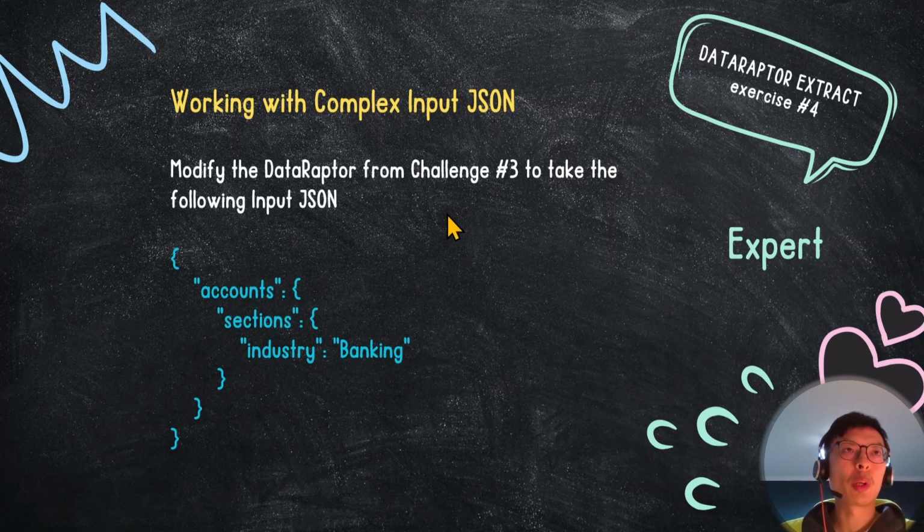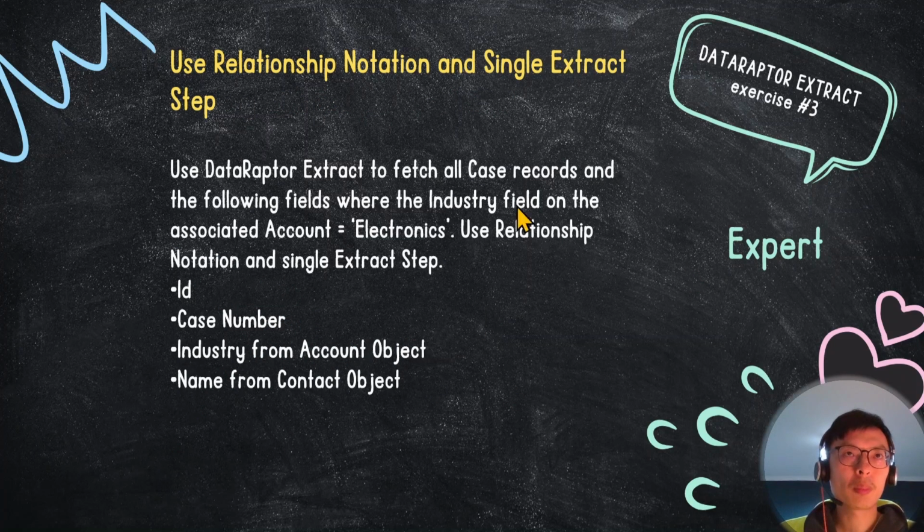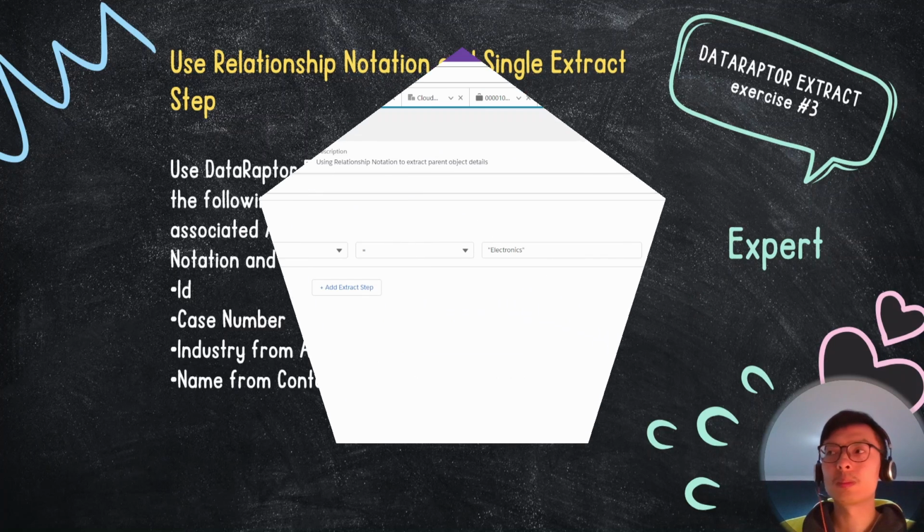In this example, we will be working with complex JSON, just like what we did for DataRaptor Turbo Extract. So what we want to do is modify the DataRaptor we created from challenge number 3 to take the following input JSON. Challenge number 3 is what we just did, the single extract step using relationship notation.